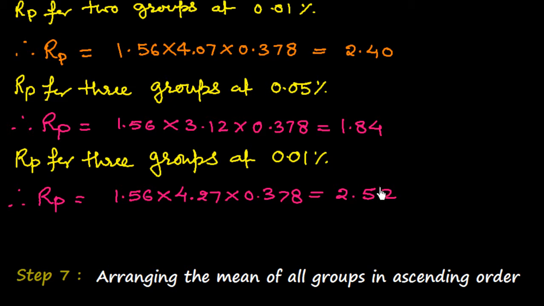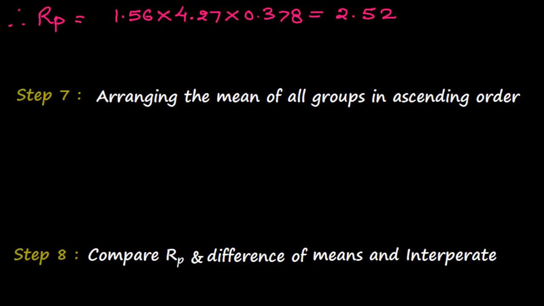So we have got the RPs for 2 and 3 groups at different significance levels, 1% and 5%. Now, arranging the means of all groups in ascending order. As we started the solution of this problem, we have already found the mean of all the groups. So we have to arrange the means in ascending or descending order. I write down here A, B and C groups.